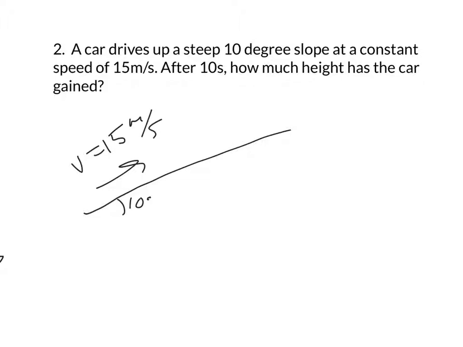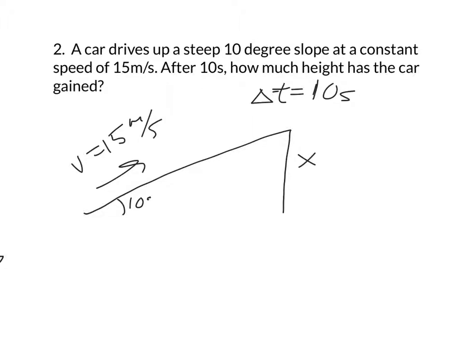And it does this for a delta time equal to 10 seconds. So I'm just writing my givens down here. And we're curious about the height he has reached after 10 seconds. Well, the height he's reached will be this. Notice how this becomes the vertical leg of a triangle. So we're looking for this height, this x here.